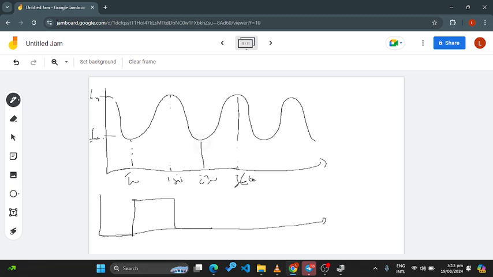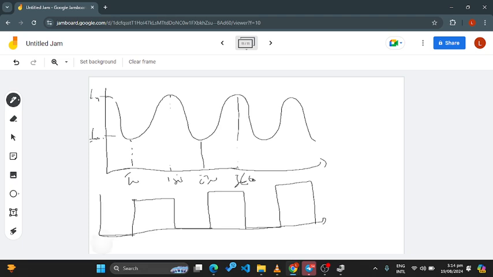Then at the rising phase here, it will go up again. Hey, it looks like one is taller than the other. Then it will remain like this. Then this. But the torque doesn't follow this rectangular form.